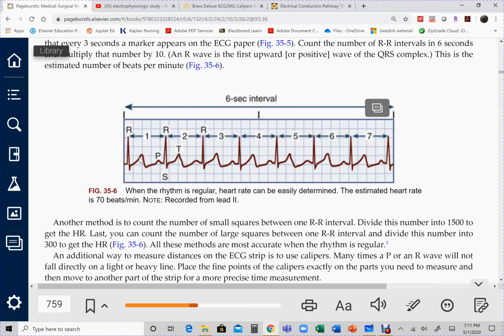And in fact, you have a T here, so you can move either way. If we move toward the left, the T here will be included. Or if we move toward the right, then the P here will also be included. So either way, there are 7 R waves in this 6-second strip. You multiply that by 10, you have 70.